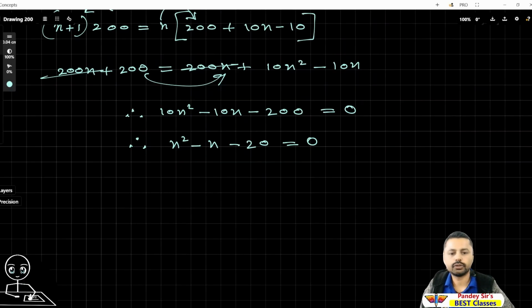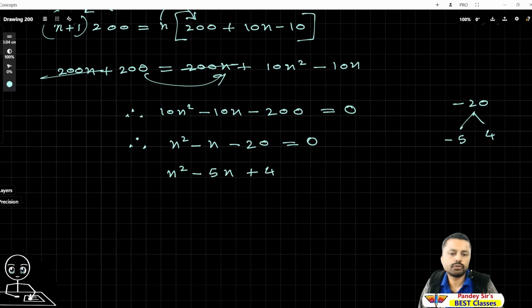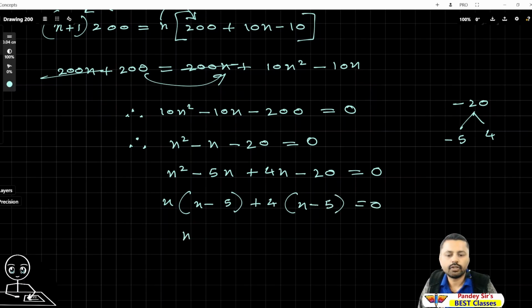Now let's factorize. Minus 20 can be 5 and 4, so minus 5 and plus 4. So n square minus 5n plus 4n minus 20 equal to 0. Let's take n common. So n minus 5 plus 4 in bracket n minus 5 equal to 0. Now n minus 5 equal to 0 and n equal to 5, or n plus 4 equal to 0 and n equal to minus 4.